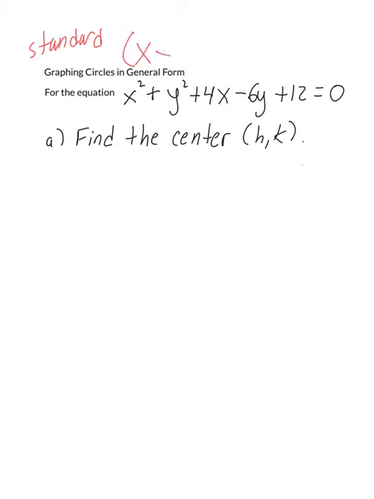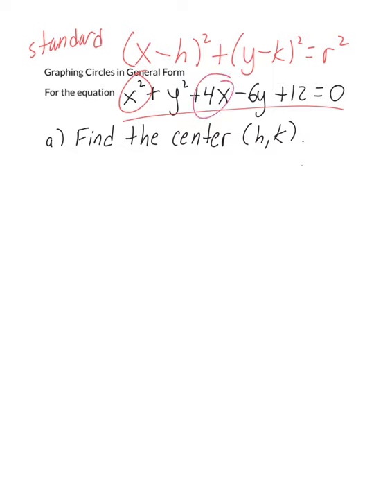So it was the quantity x minus h squared plus the quantity y minus k squared equals radius r squared. So if I look at the equation we have, we definitely do not have it in standard form. How do I know that? Because everything has been multiplied out on the left side. I have an x squared separate from a 4x. I have a y squared separate from a minus 6y.